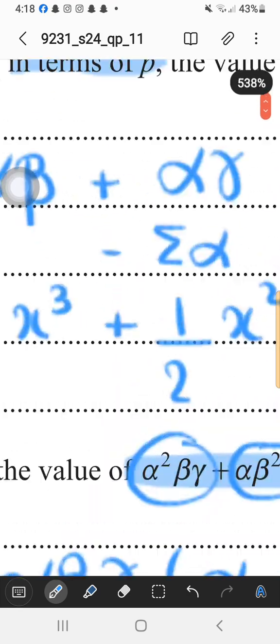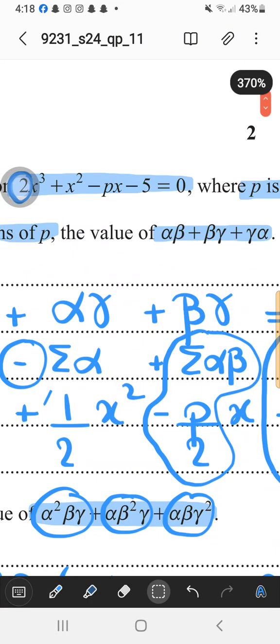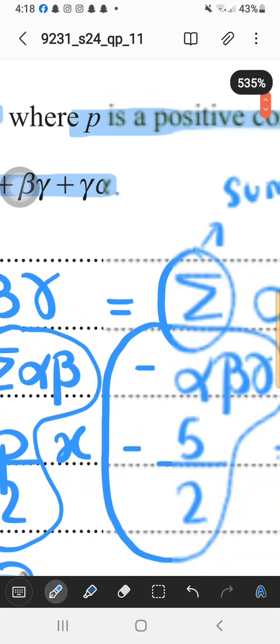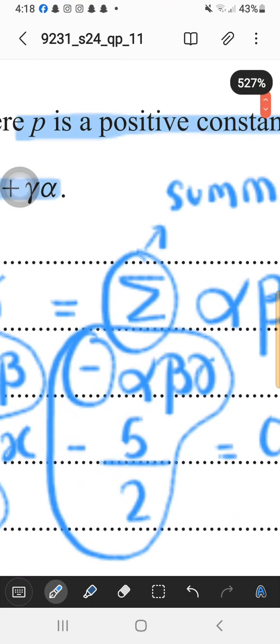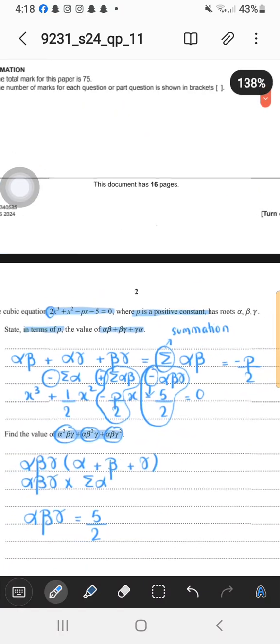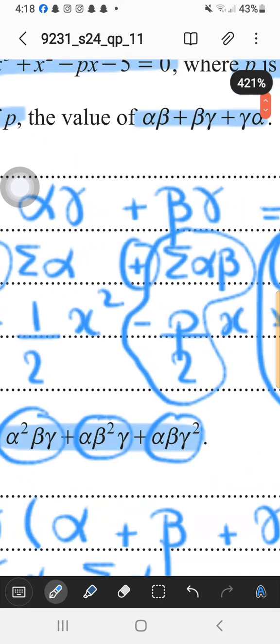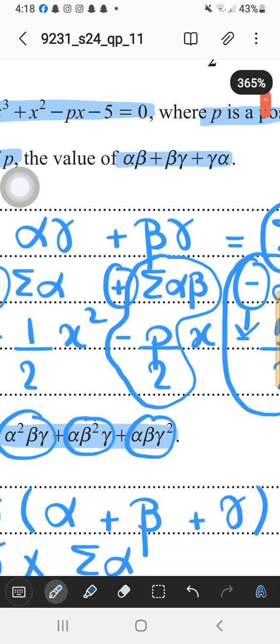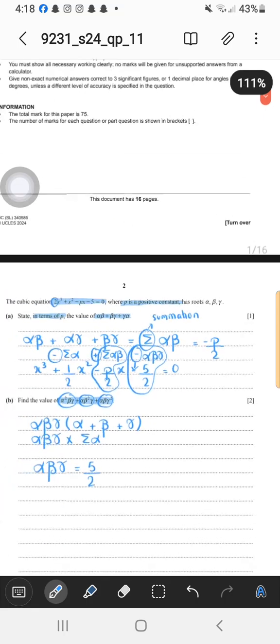Let me tell you that it is like this: negative, positive, and then negative. So this negative shows that the sign will get changed. There was negative 5 upon 2, so here will be positive 5 upon 2. When there was positive, the sign is negative, so it will remain negative, the sign will not get changed.